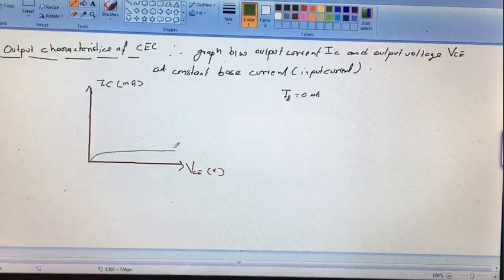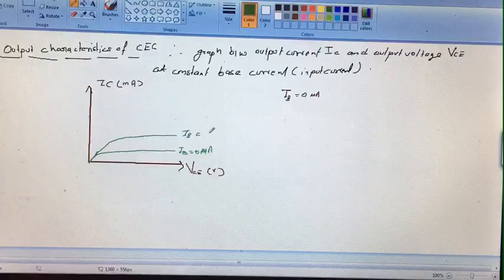Now here IB is 0 microampere. Now we are going to increase the IB current, then output will be increased and it will be constant after a particular region. Suppose IB is equal to 10 microampere.